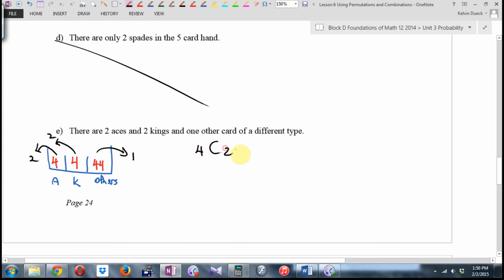4 choose 2, and 4 choose 2, and 44 choose 1, all over 52 cards, choose 5 of them.